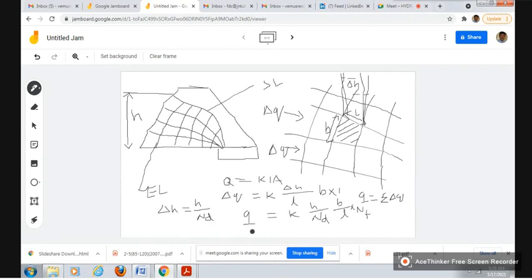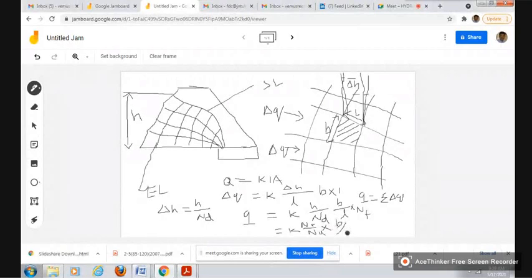This can be written as K into NF by ND into B by L.